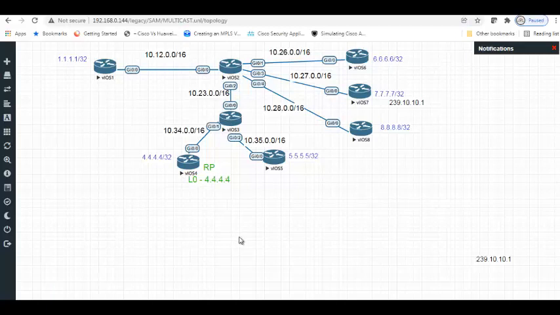How? R7 will go in search of the RP. For that you should configure the RP's address in R7, so that it will go and search for the RP, and it will tell the RP, it's me, 7.7.7.7. Don't forget me, please. I want to join 239.10.10.1.